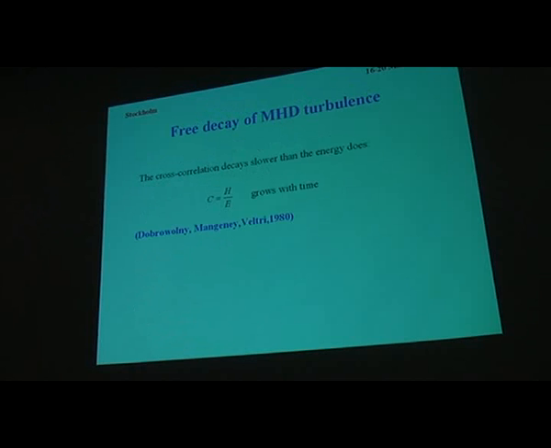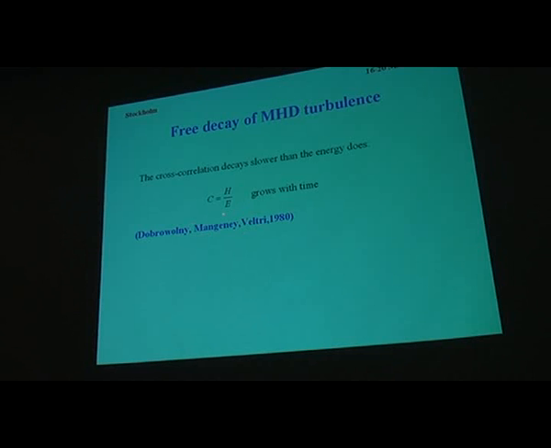This problem was first discussed in the frame of the fact that the cross helicity, a high correlation of magnetic and velocity fields, was discovered in solar wind. After that, in this paper, it was the first, to my knowledge, to discuss whether this cross helicity, this high correlation, comes from the source of the turbulence, or it can develop during the free evolution of MHD turbulence.